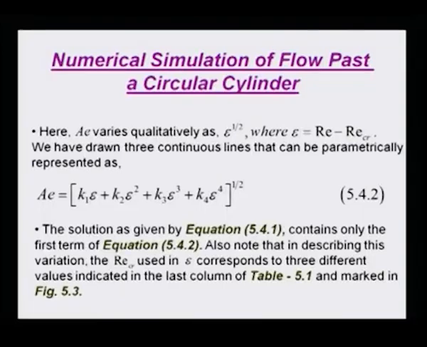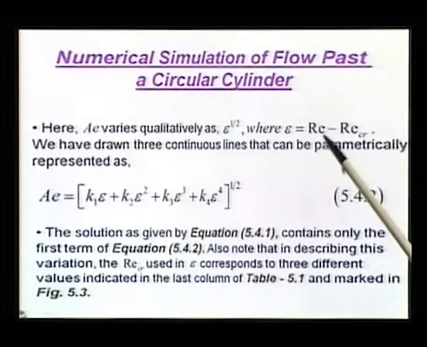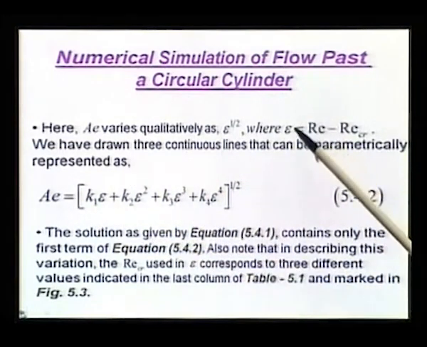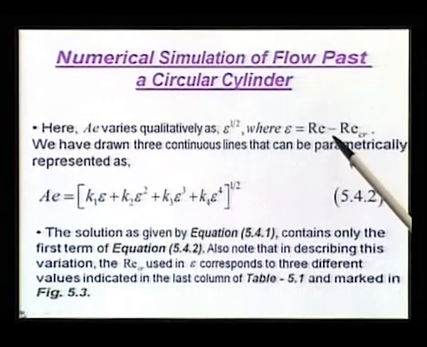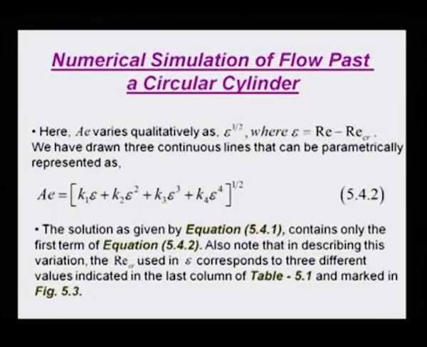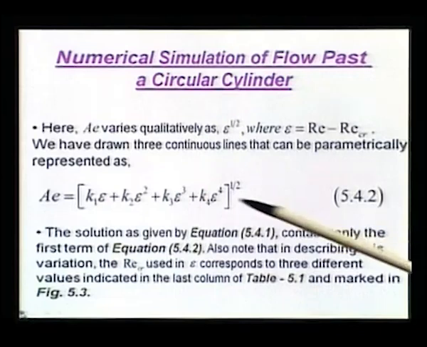What we try to do, if you are interested, is some kind of an empirical modeling. We try to fit a curve A as a function of epsilon. Epsilon is the departure of the current RE from the RE critical, and we do this in terms of a higher order polynomial, and you can try to fix those constants k1, k2, k3, k4.